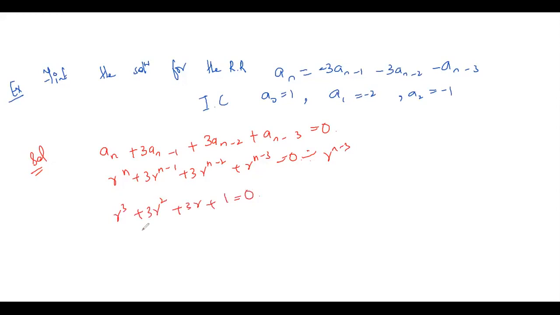Now you can see that it is basically the a plus b whole cube formula, where a is r and b is 1. So it can be written as r plus 1 whole cube is equal to 0. What will be the root? The root is minus 1. How many times? The multiplicity is 3.